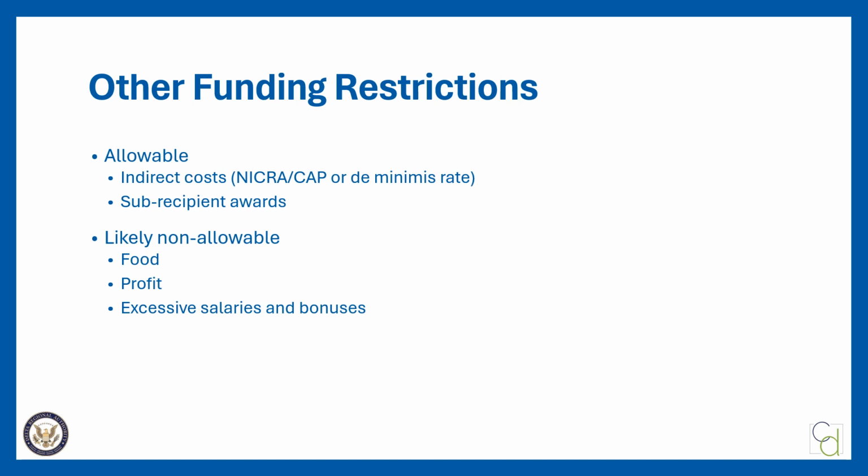Subrecipient awards are also allowed, although you should note that the department expects the lead applicant to have the organizational capacity to implement the project and it discourages pass-through awards where the lead applicant is only nominally involved in the operational aspects of the work. That section also mentions that you cannot spend money on non-allowable costs, and these are things like food, profit, and excessive salaries and bonuses. You can find this entire section starting on page 32 of the FOA.